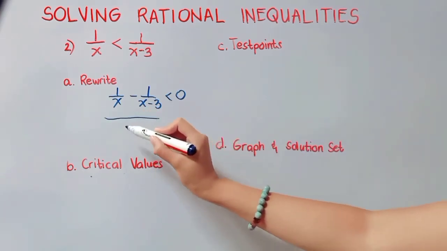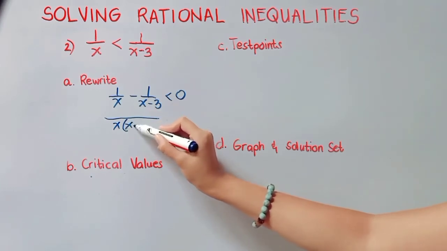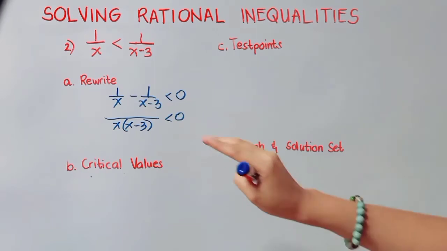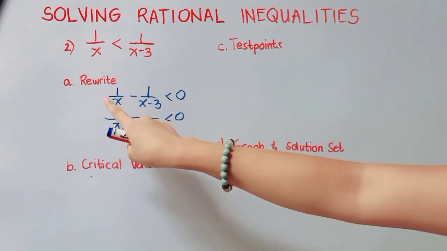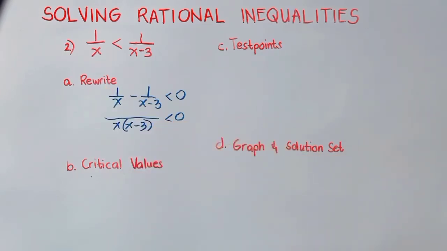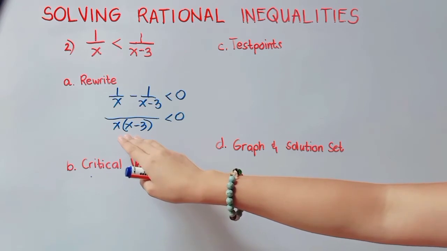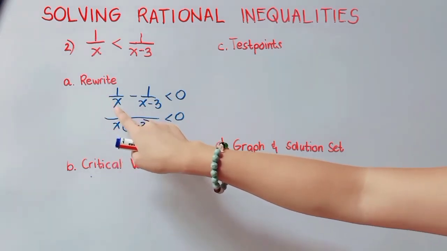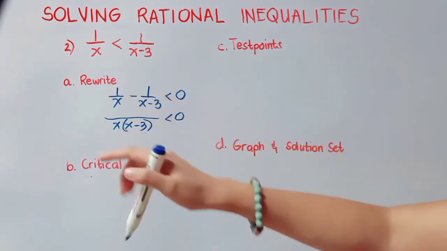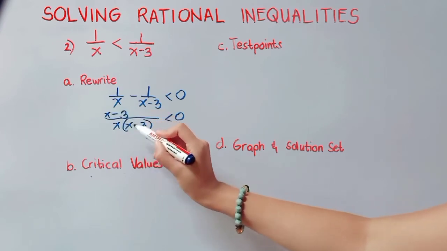Remember that our left side should only have one rational expression. Therefore, we have to perform subtraction on these two rational expressions where our LCD are the denominators x and quantity x minus 3. We will divide the LCD to our denominator and multiply the answer to our numerator. Starting with the first rational expression, divide the LCD to the denominator, x will be cancelled, so what's left is x minus 3 multiplied to 1 is x minus 3.